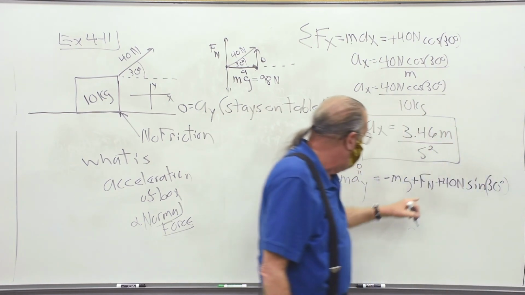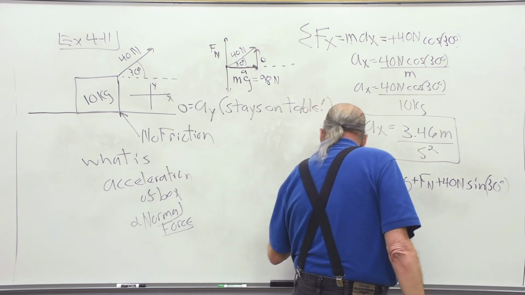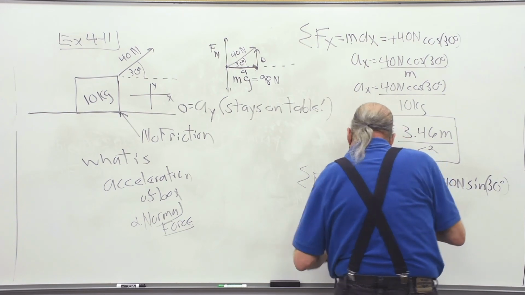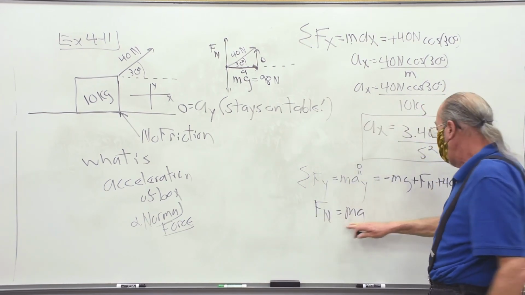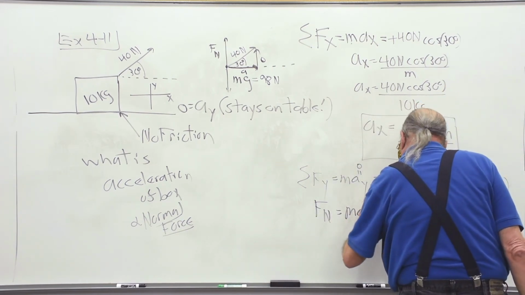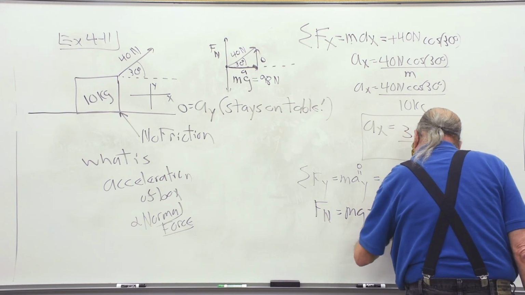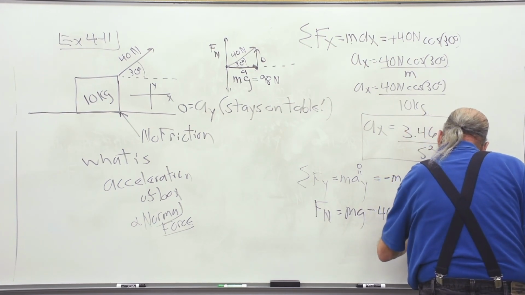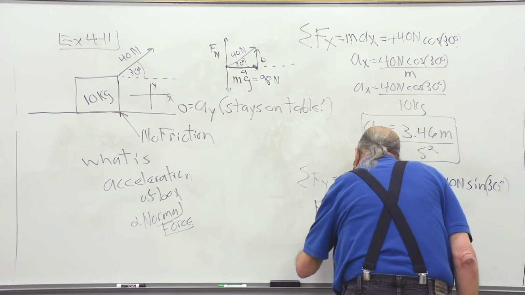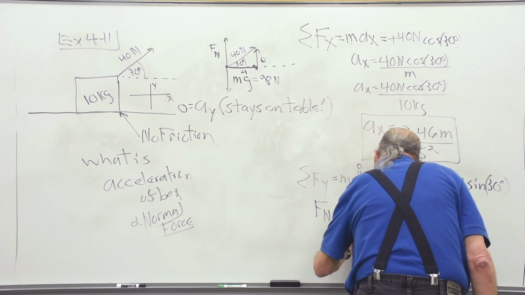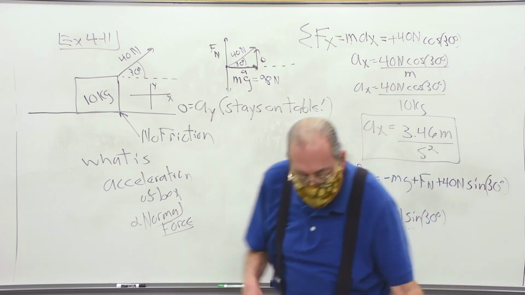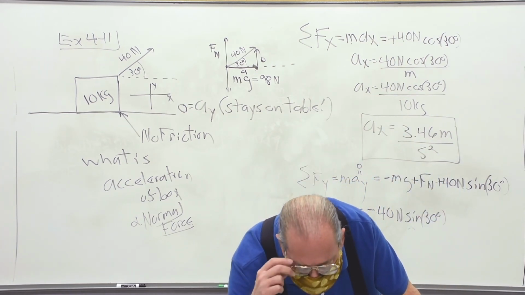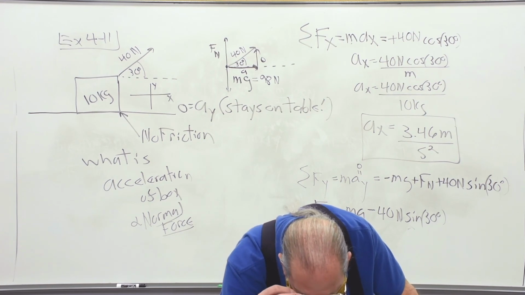And this tells us that the normal force is the weight of the object less this amount. This turns out to be 98 newtons, and the other one turns out to be, let's see, is this a 10 kilogram box? Yeah.